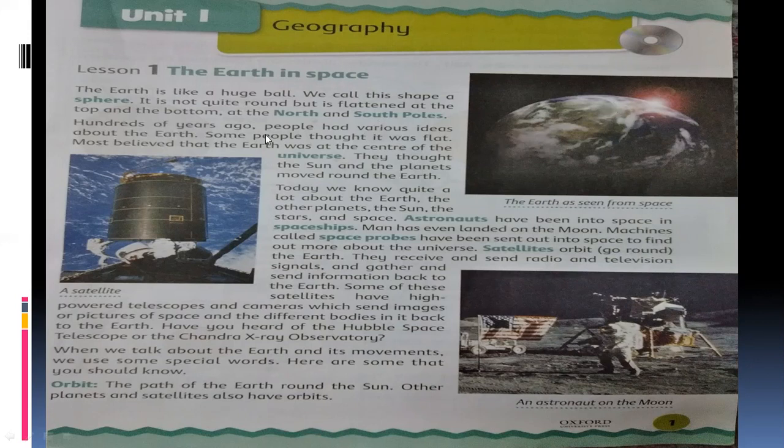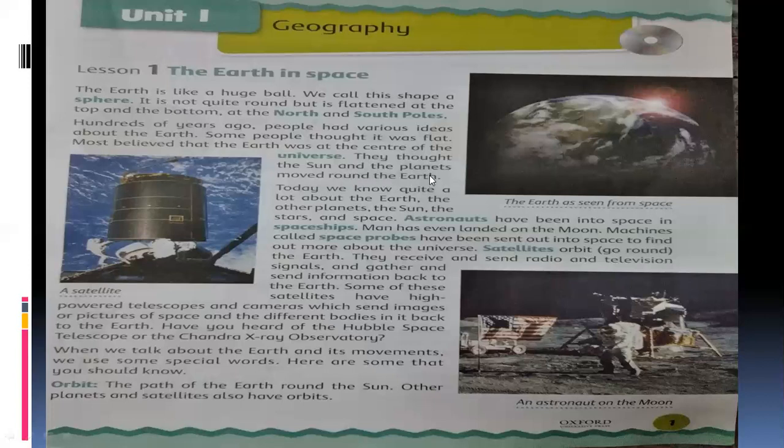Hundreds of years ago, people had various ideas about the earth. Some people thought it was flat. Most believed that the earth was at the center of the universe. They thought the sun and the planets moved around the earth. Planets means Jupiter, Mars, Mercury, Uranus.